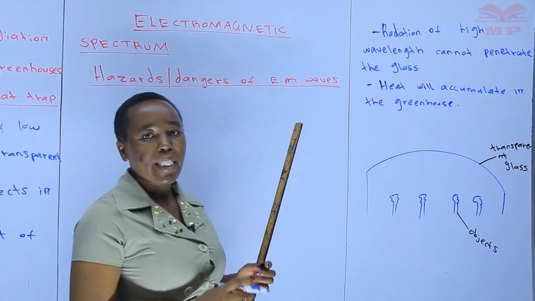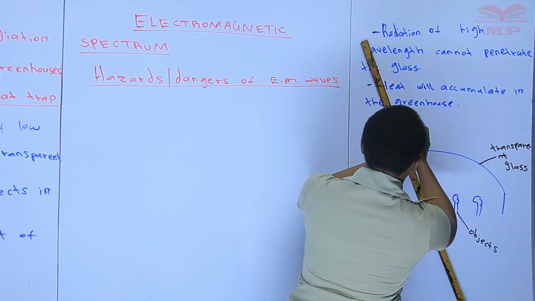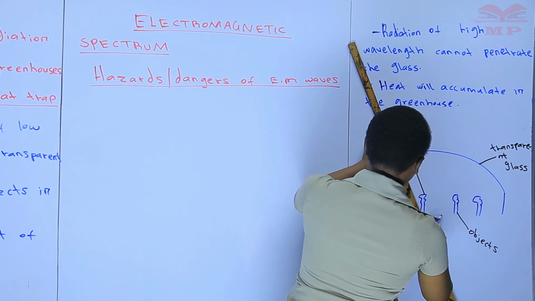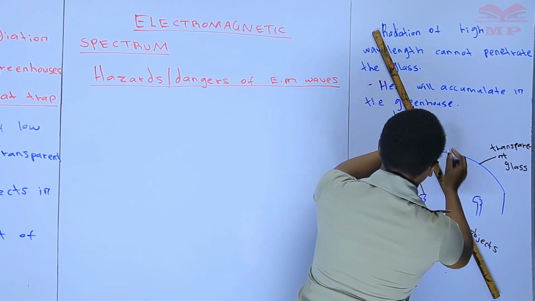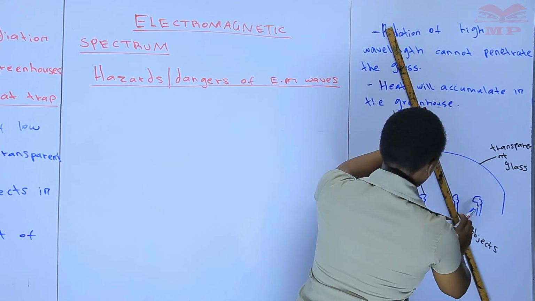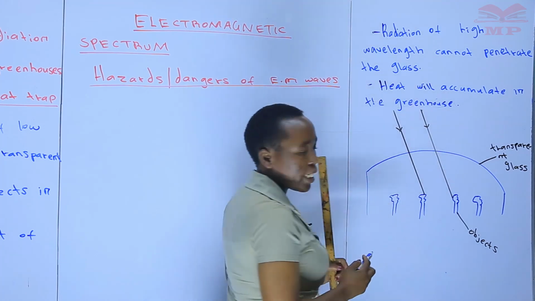So what happens is that when we have light from the sun falling onto these objects that we have here, we can have another ray here. These are rays of light. So we have them falling on the objects here.